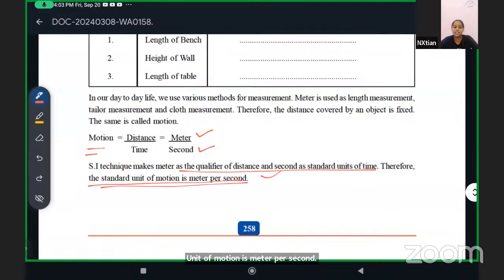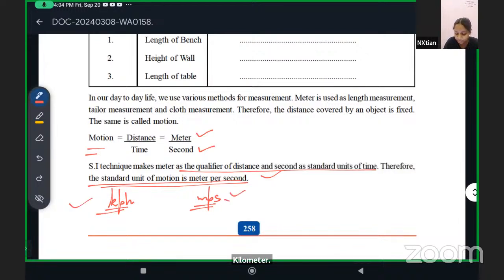How much distance it covers in meters per second, MPS. Heard about it now? I wrote kilometers per hour, kph. Yes, that is also used here. Kilometer per hour for distance, and for motion, meter per second.